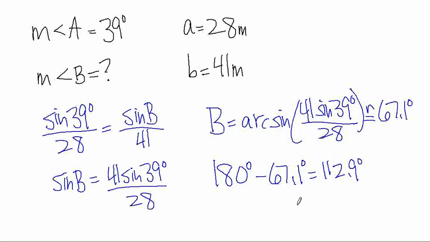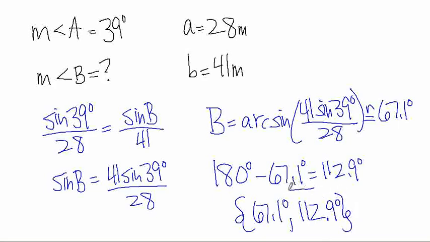So, this question actually has two solutions: 67.1 degrees and 112.9 degrees. Try to draw triangles with those angles, and you will see that indeed it's possible to draw two different triangles that satisfy the original criteria. All right?